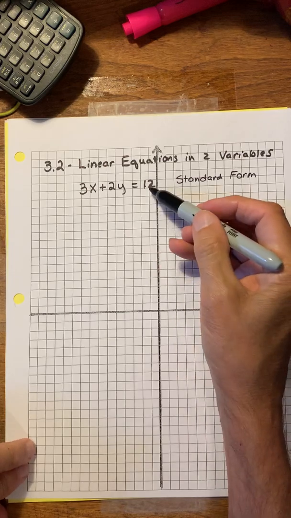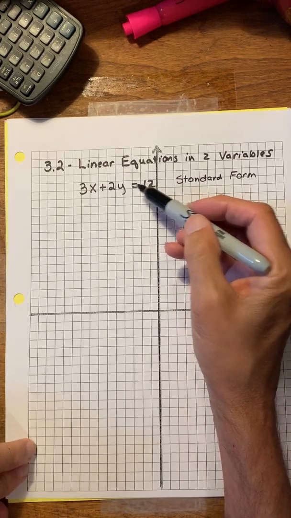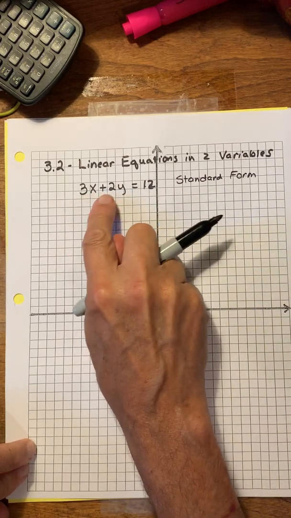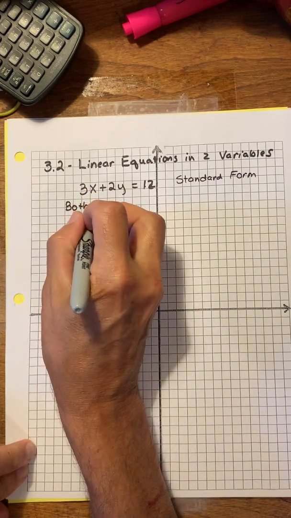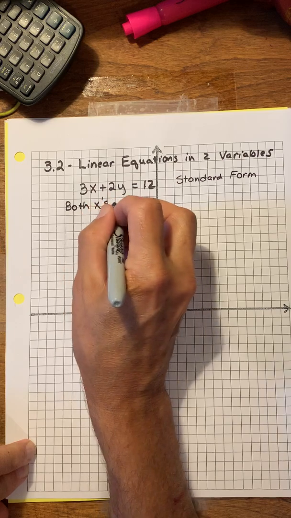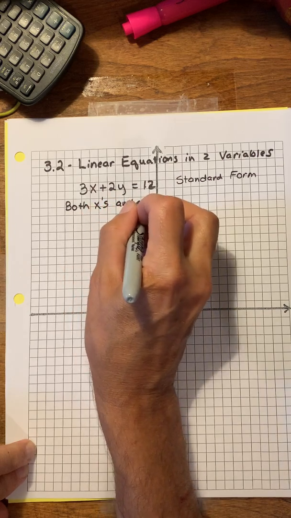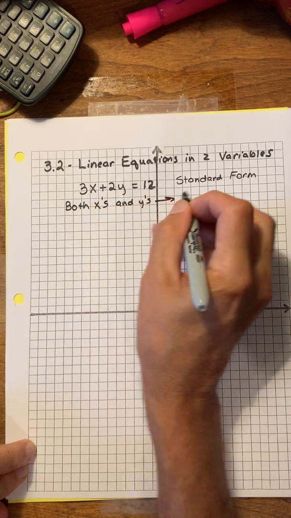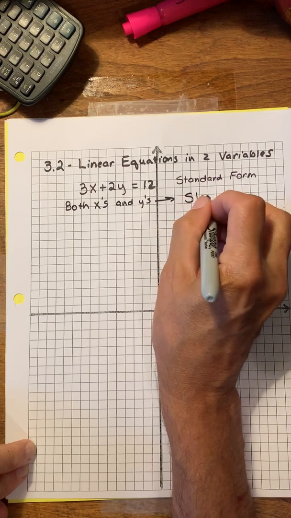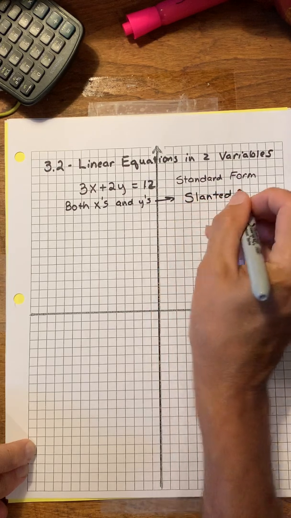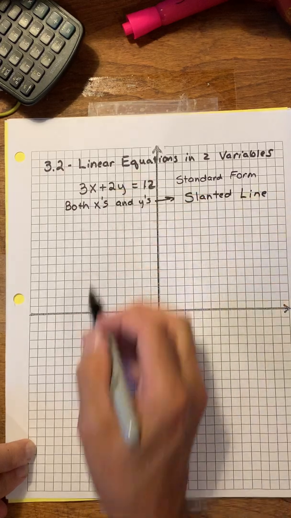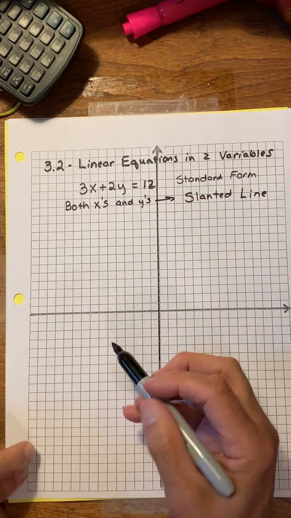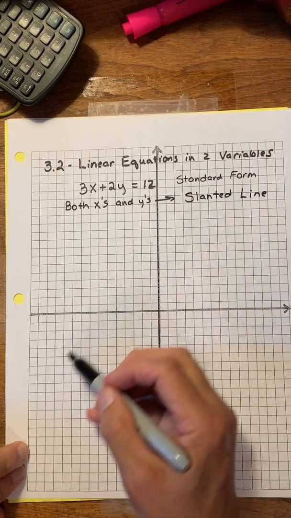One thing we're going to discover about a linear equation that has both x's and y's is that it is a slanted line. It's not horizontal, it's not vertical. It's a slanted line. Now watch this.